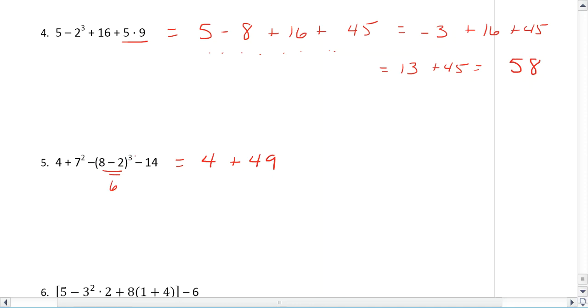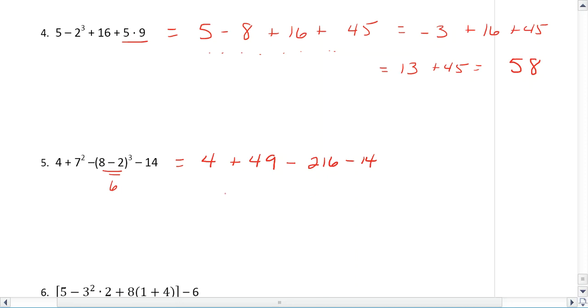That's a big number, so I would need a calculator for that. 6 to the third power is 216 on my calculator. Make sure I did that right. Minus 216, and then minus 14.